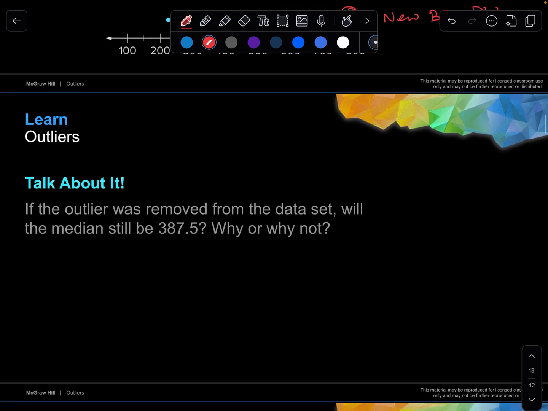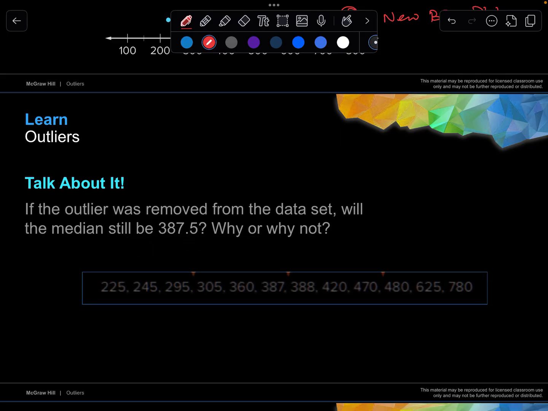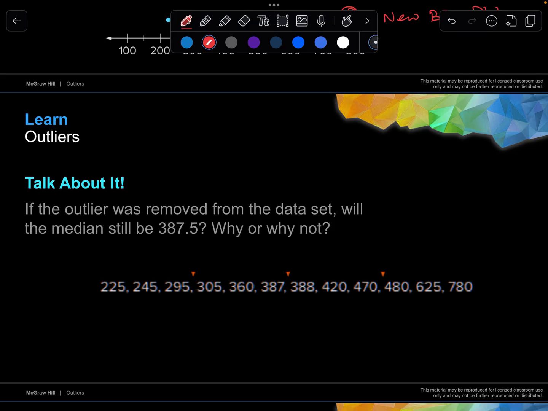Now, let's take a moment and think about this. If the outlier is removed from the data set, will our median still be 387.5? Let's consider our data set, right? We saw that the highest value that we have is an outlier. So if I were to remove this, I'm left with 11 data points. What would the median of a data set with 11 data points be?